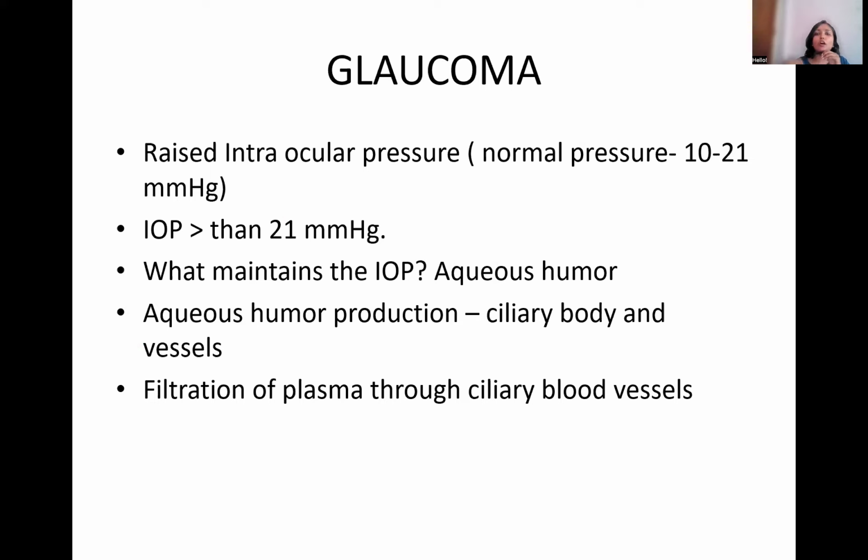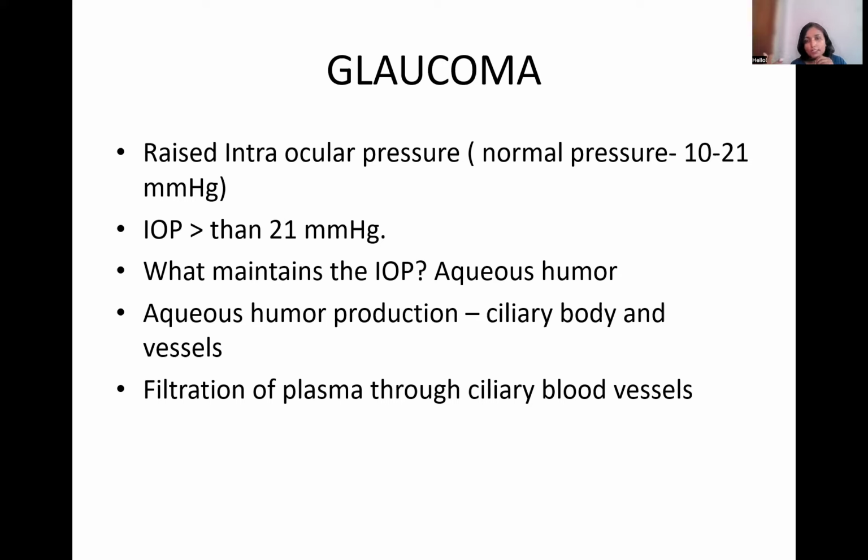The intraocular pressure is normally maintained by the aqueous humor, and the normal pressure is about 10 to 21 mmHg, millimeters of mercury. Now, when do you say it is glaucoma? Glaucoma is diagnosed when the intraocular pressure goes above 21 mmHg. Now, what maintains that intraocular pressure? That intraocular pressure is maintained by the aqueous humor.